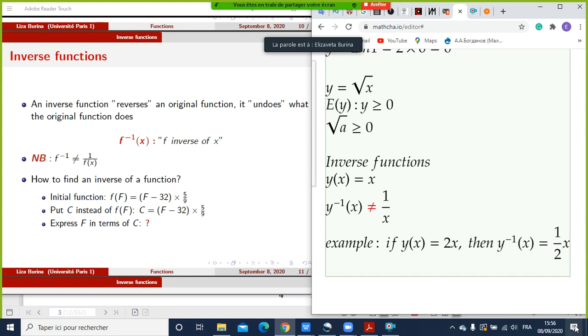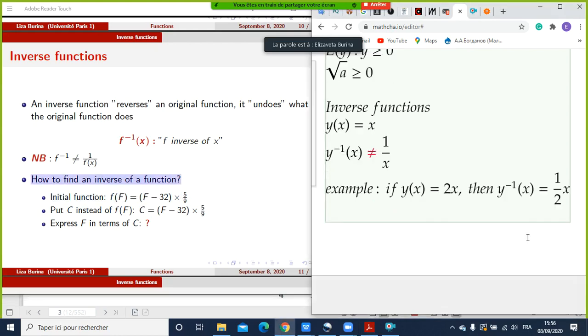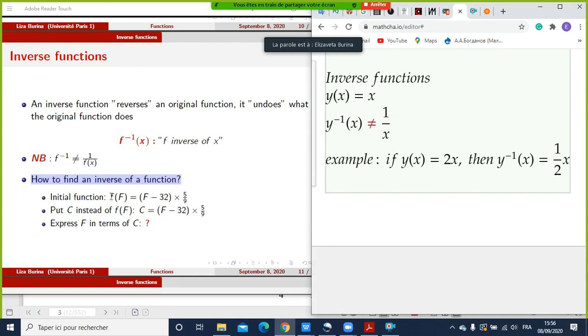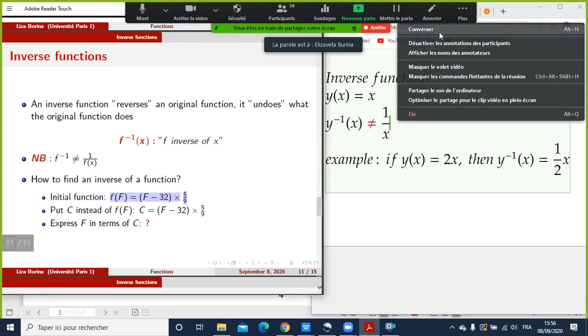Then we can check more complex examples where you cannot see straight what the inverse did. So, for example, we are going to take this formula and try to find an inverse. How to find an inverse of a function? We take an initial function. By the way, what is this function?